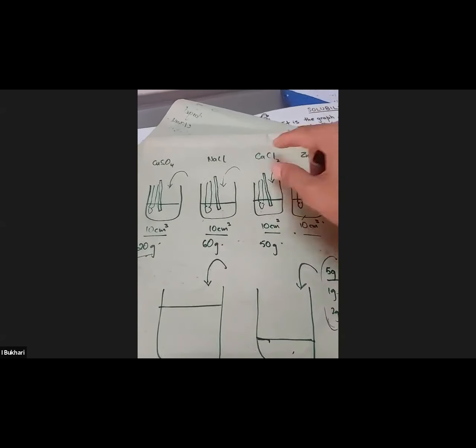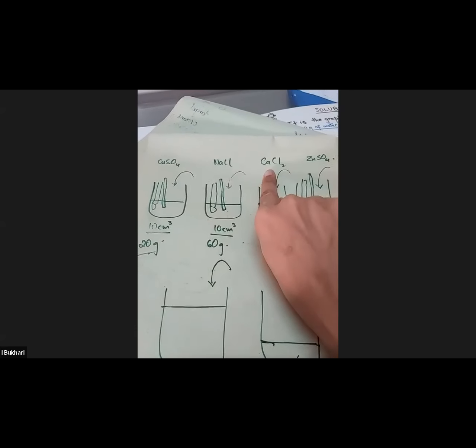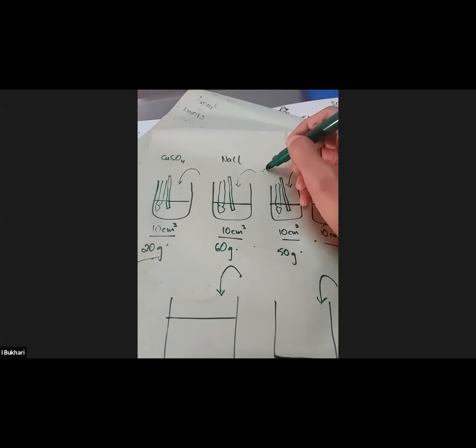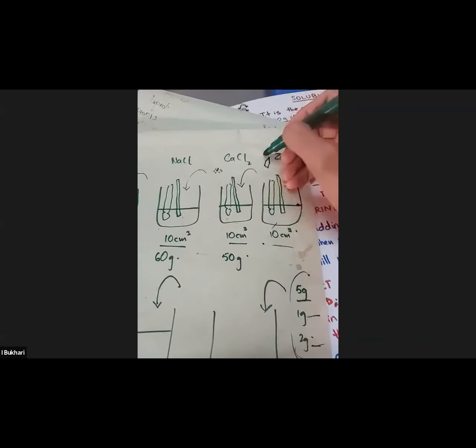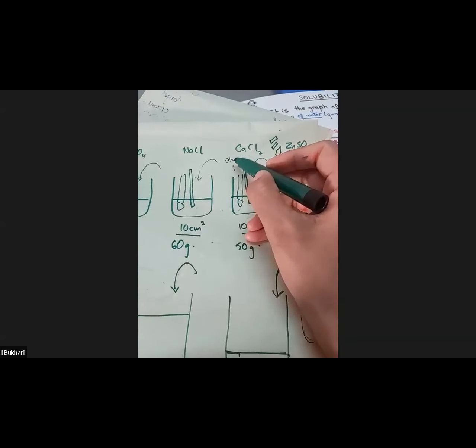So if, for example, one salt is having bigger crystals than the other, and the other has smaller crystals, for example, you have calcium chloride in this form, and you have zinc sulfate in this form, then of course this will dissolve faster. You will have more solubility for calcium chloride.